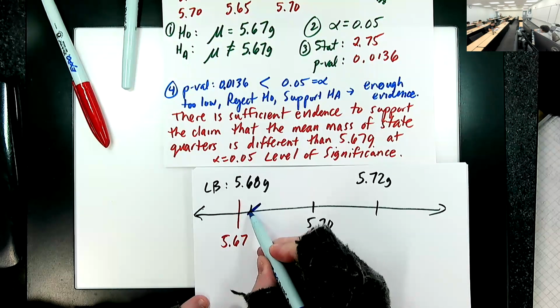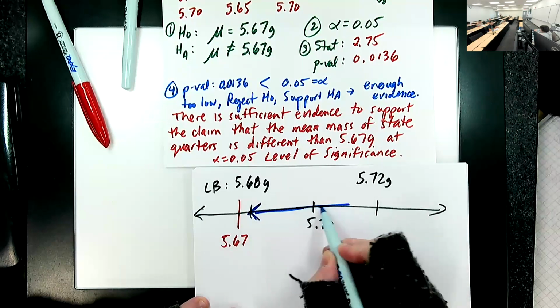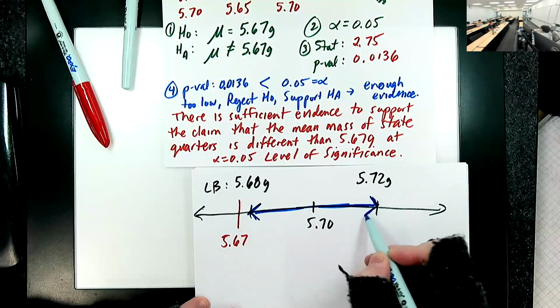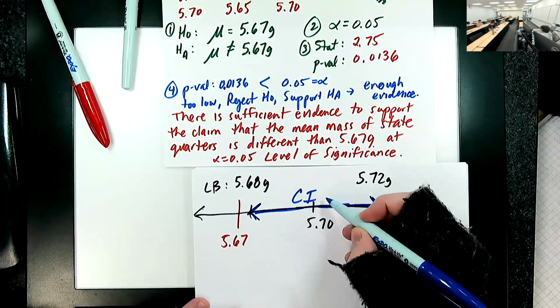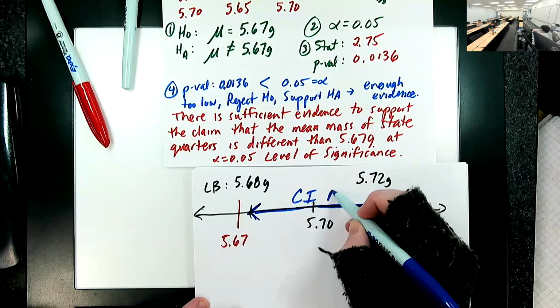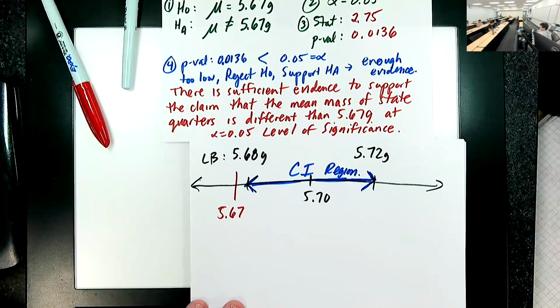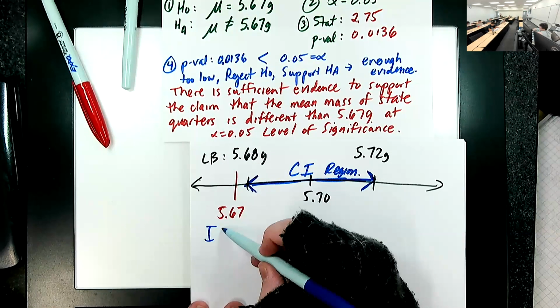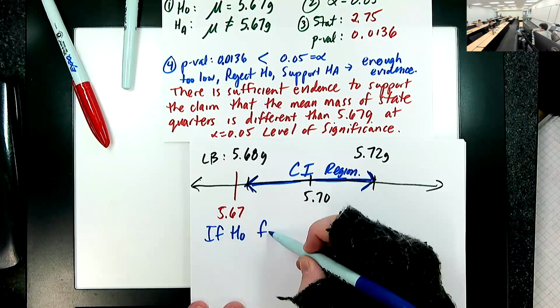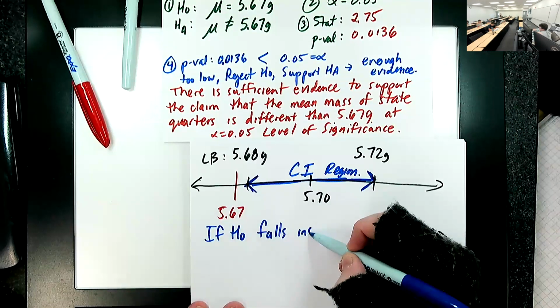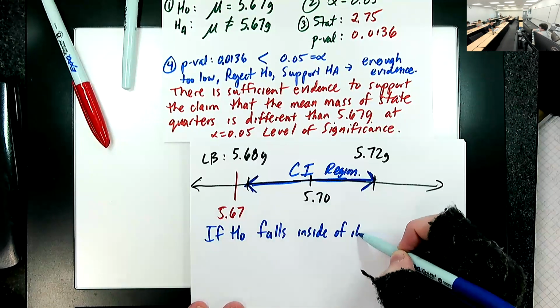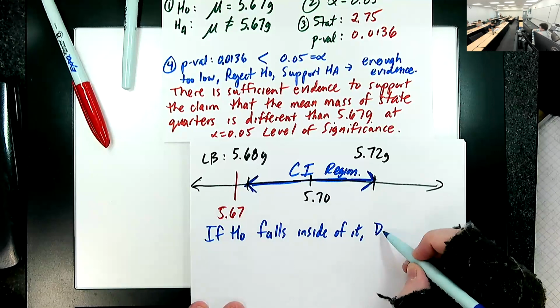Right in here is wherever we have our confidence level region. Confidence interval, I like to use CI. If H naught falls inside of it, we do not reject it.